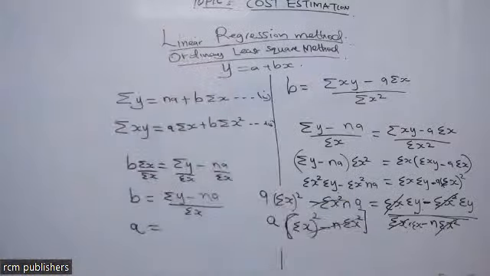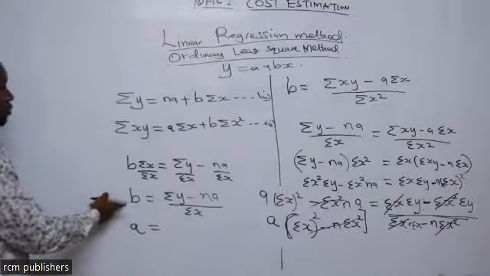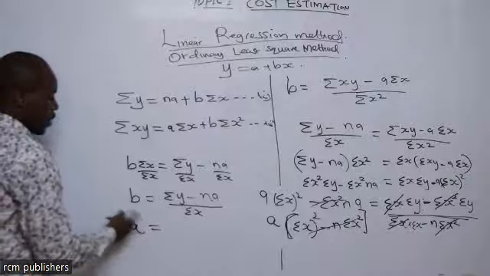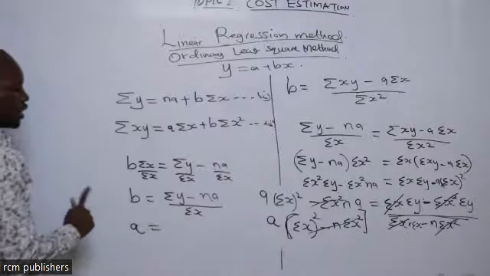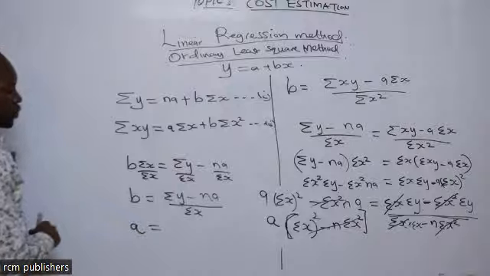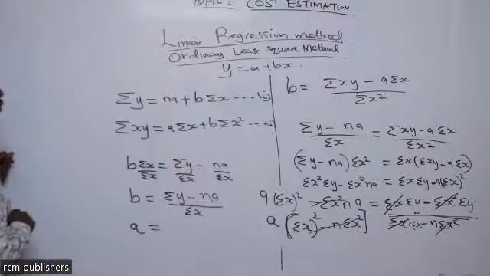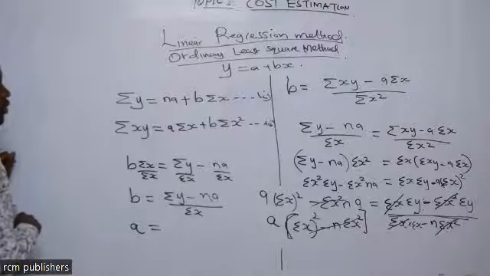Sorry. If we now go the A way, we want to eliminate B. We want to get A first. What are we going to do?